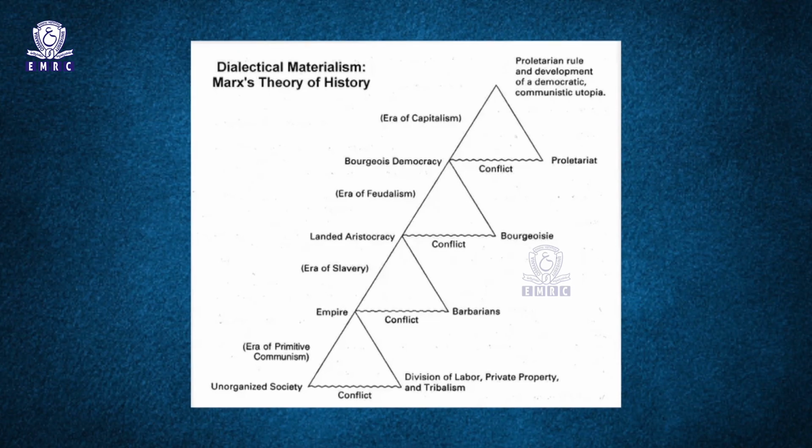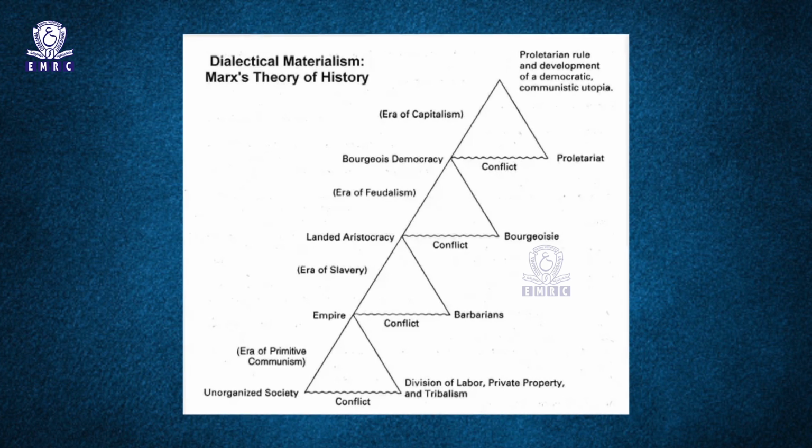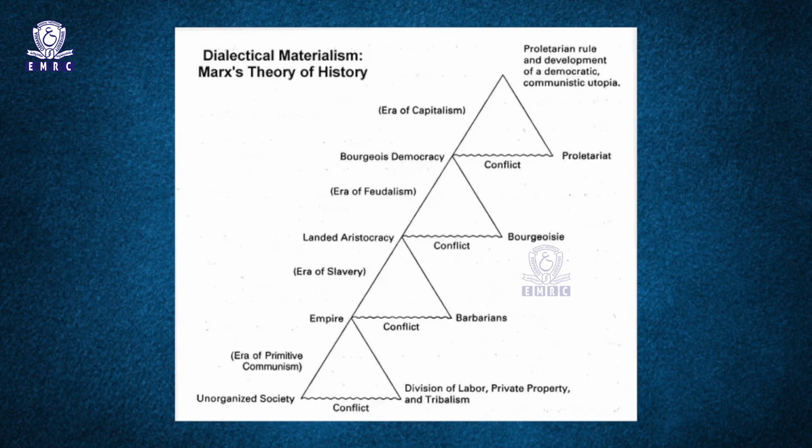The material life of society depends upon the method of securing the means of livelihood and the way of producing values. According to the argument of dialectical materialism, the opposite forces which are always present constitute the moving force of history.